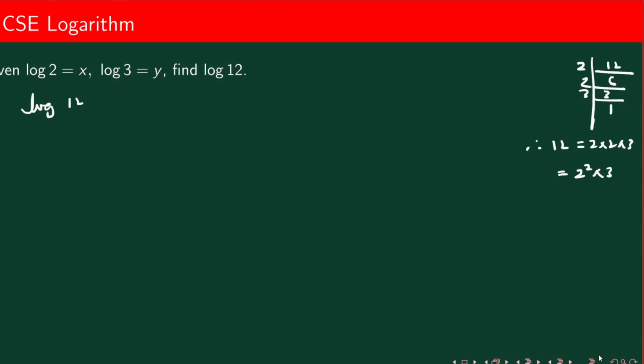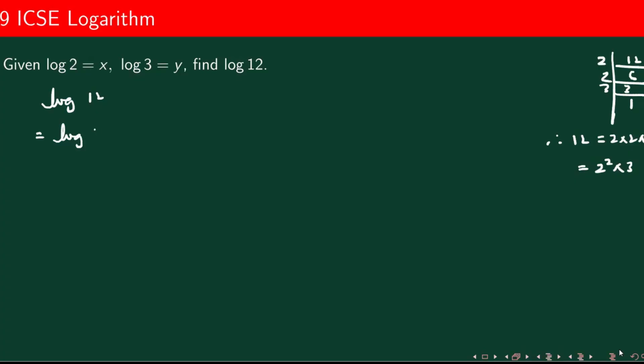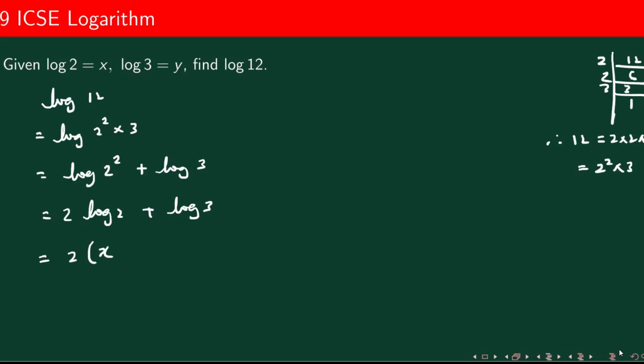So when I say log 12, I can call it log of 2 squared into 3. So this is log 2 squared plus log 3. This is 2 times log 2 and log 3. So this is x and this is y. So that is 2x plus y. So we have to write log 12 in terms of x and y.